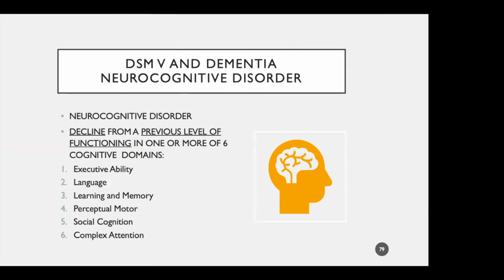It is a decline from a previous level of functioning in one or more of the 6 domains: executive ability, language, learning and memory, perceptual motor, your social cognition or your social intelligence, and your attention. So you have to have a decline in one of these areas or in more than one area to qualify for a diagnosis of dementia.